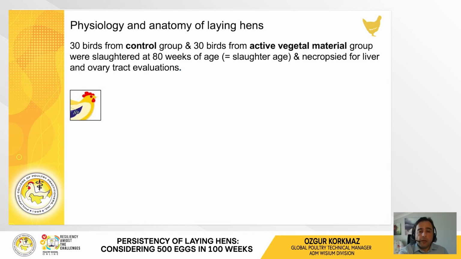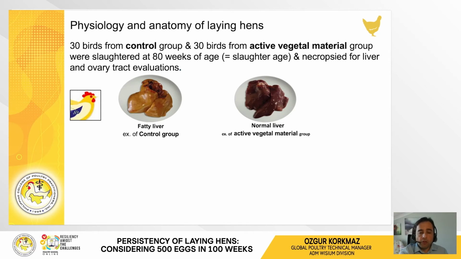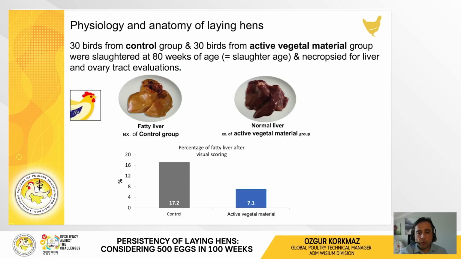We tested at 80 weeks of age at slaughter, with post-mortem to see liver and ovary tract evaluations. We see more fatty liver in the control group, and less fatty liver and normal liver in this trial with the active vegetal material group.